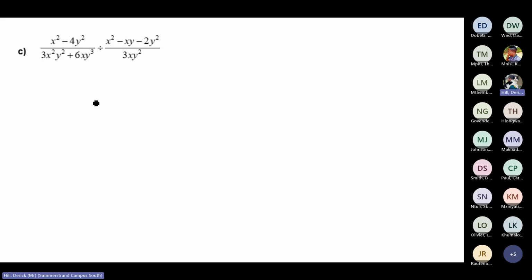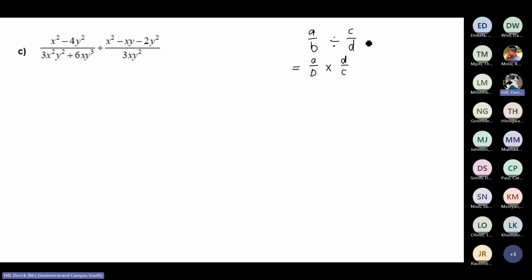But we have a handy little trick: when we are dividing fractions, let's say we have a over b divided by c over d, we can do a neat little flip trick. That is going to be a over b times d over c.